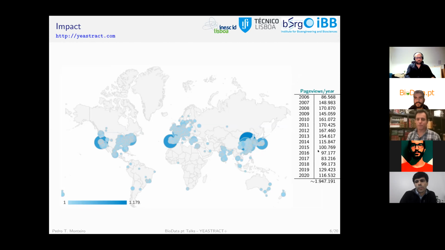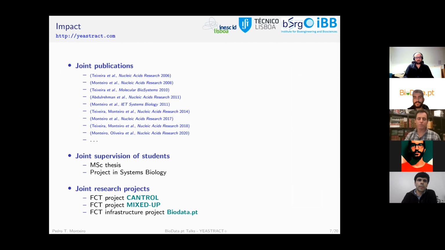Then people started to shift to other model organisms, I suspect human. And now we are getting an increase, but maybe because now we have more species integrated. This also led to different joint publications, supervision and training of students, and research projects from the FCT, notably the BioData.pt.